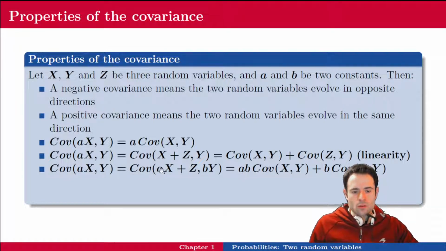Now, if you multiply x by a constant a and y by a constant b, then when you do this expansion, the one I just did above, you can take the constants out of the covariance.